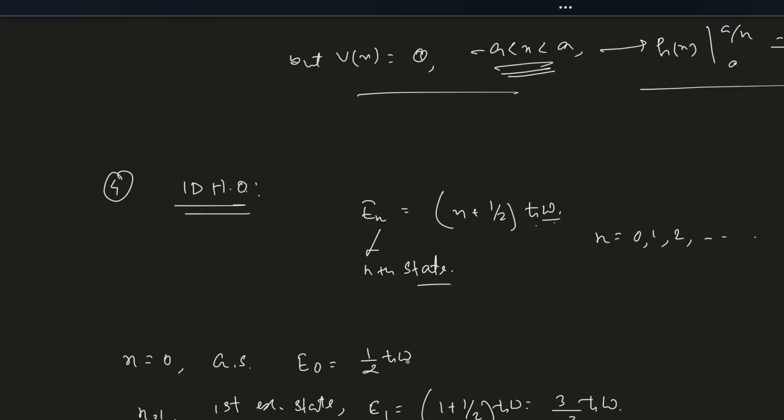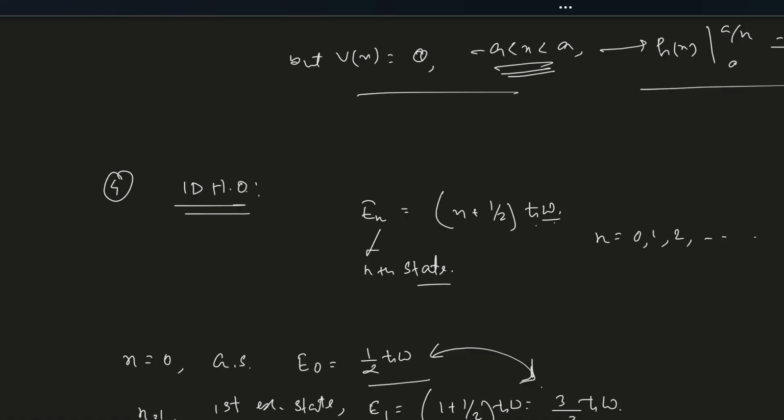Now the energy it has to acquire to jump from the ground state to the first excited state is delta E equal to E1 minus E0, that is 3 by 2 h cut omega minus half h cut omega, that is only h cut omega.